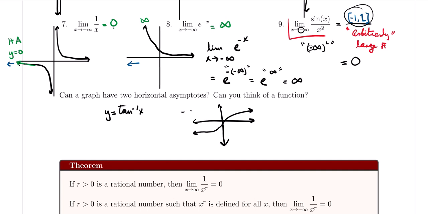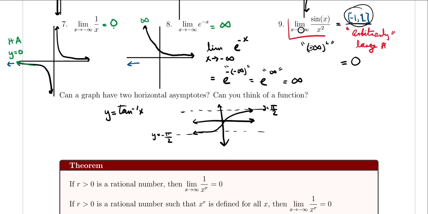And it actually does have 2 different horizontal asymptotes. To be specific, the horizontal asymptotes are y equals negative pi over 2 and positive pi over 2.